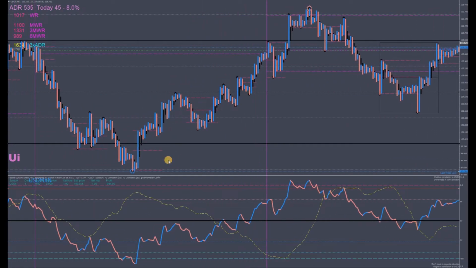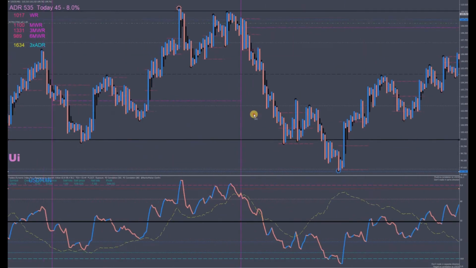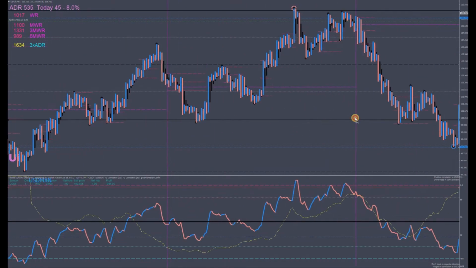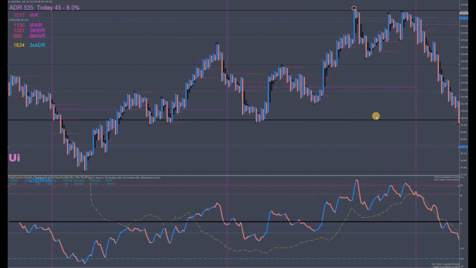And yes, so 3 days. Oh, let me scroll back. I'm sorry. Where were we? Yeah, so on day 3, Wednesday, we retested this quarter point, and we overtook this quarter point.